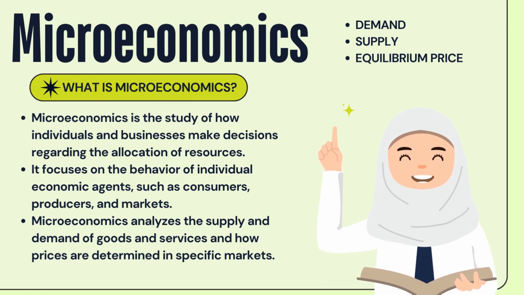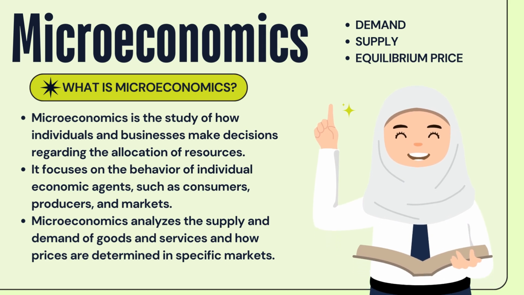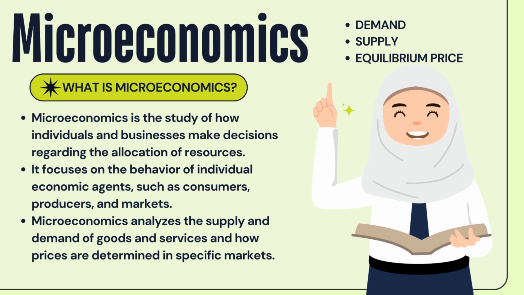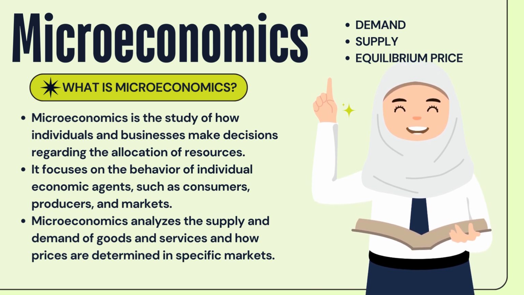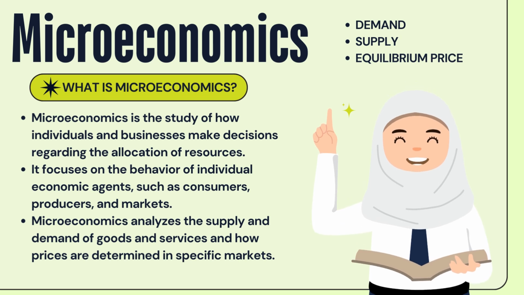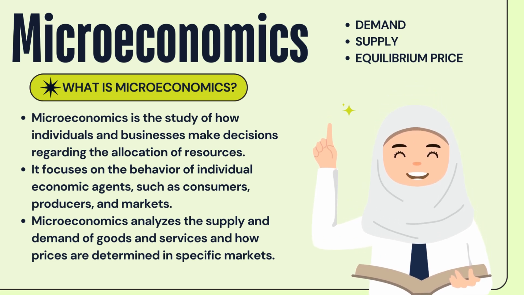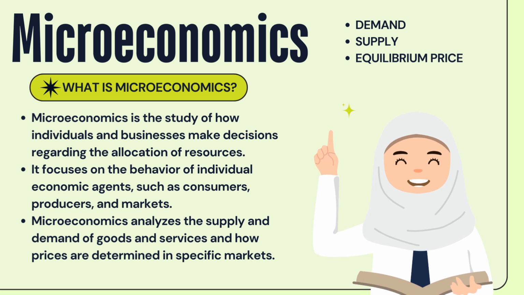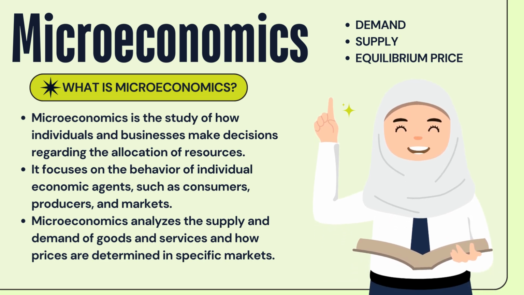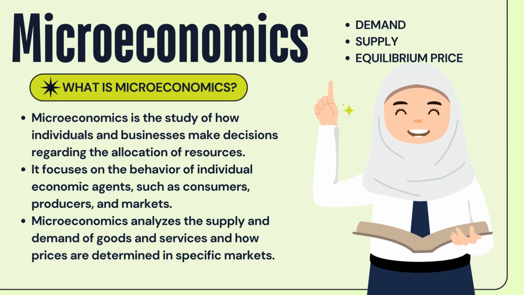Microeconomics. What is microeconomics? Microeconomics is the study of how individuals and businesses make decisions regarding the allocation of resources. It focuses on the behavior of individual economic agents such as consumers, producers, and markets. Microeconomics analyzes the supply and demand of goods and services and how prices are determined in specific markets.